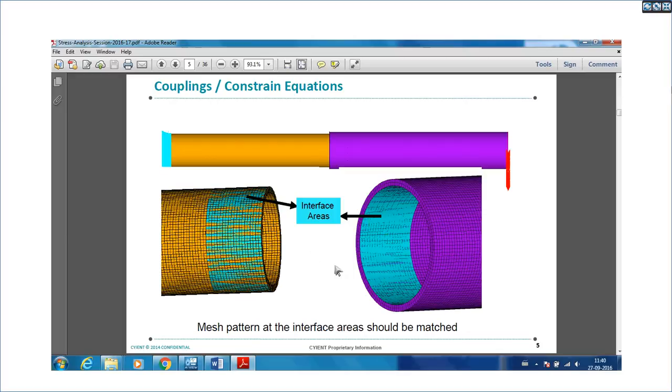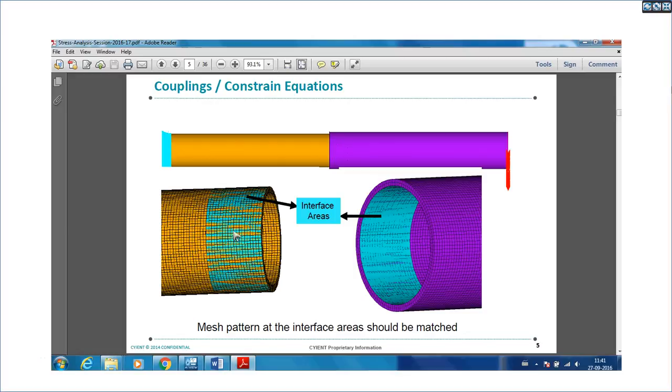One of the important things when you try to put couplings is that the mesh pattern should be the same at the interface location. The geometries are the same; they are not connected. There are two independent components, but we need to enforce the coupling.